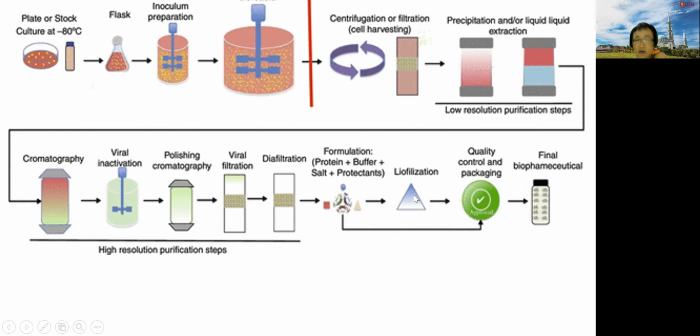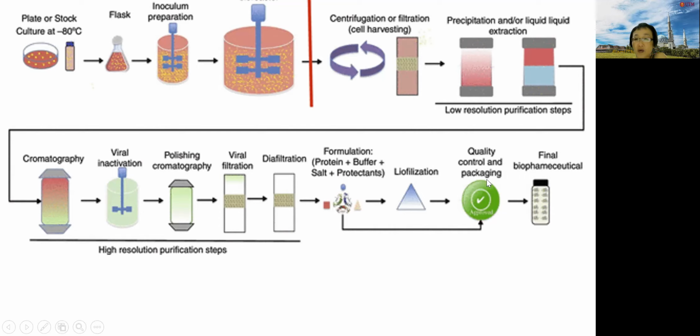Then it will go through lyophilization, which is freeze drying. Then quality control and packaging to check if there is any residue of endotoxin or exotoxin from the host cell. Finally, the pharmaceutical drugs will be marketed.